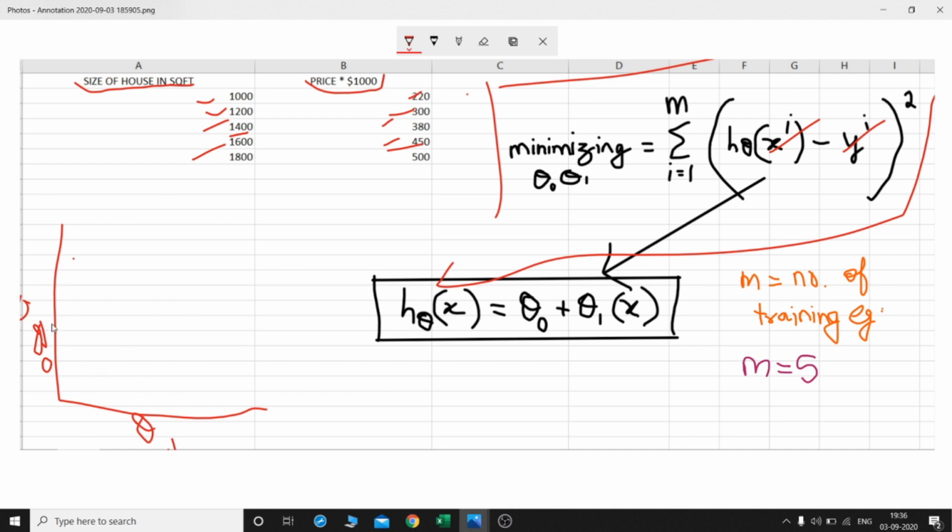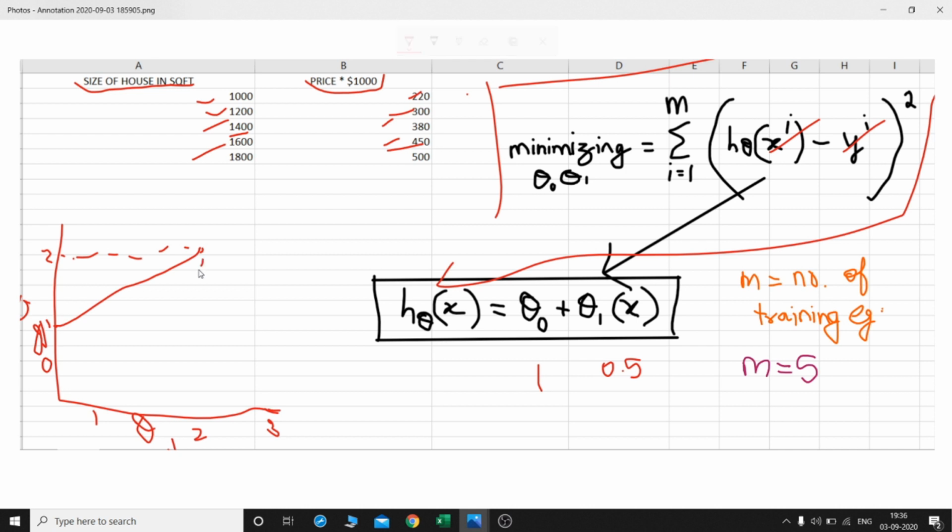Let's say there's 1, 2, and then 1, 2, 3. Once you plot, let's say you give theta naught value as 1 and theta 1 value as 0.5. So your graph starts from 1 and then 0.5. As it increases, there you go.